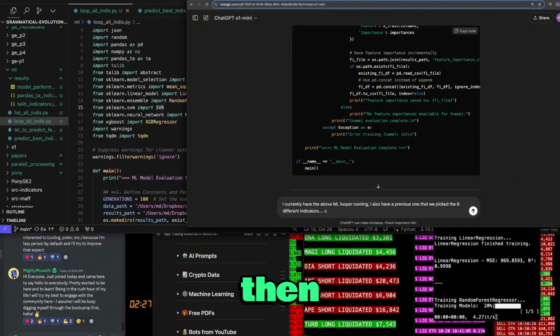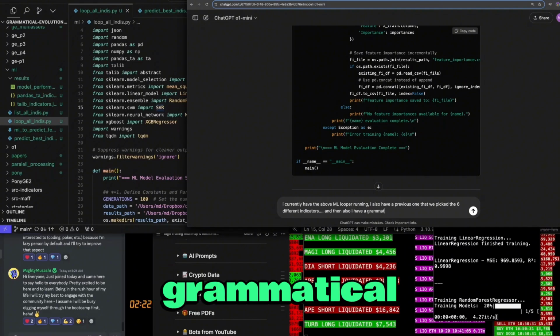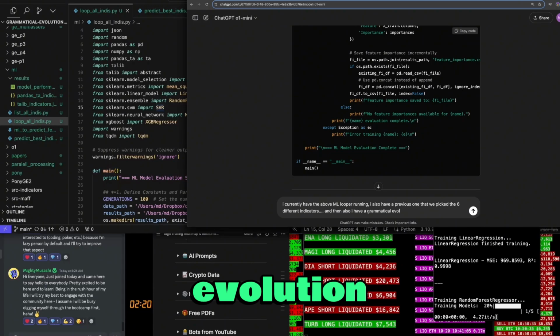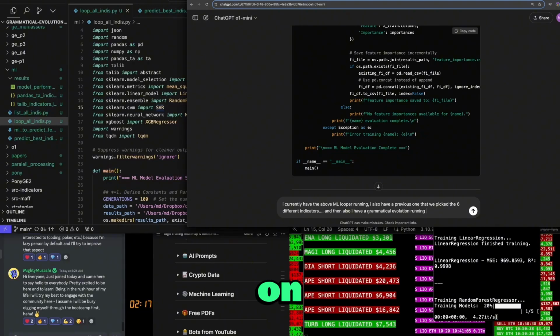And then also I have a grammatical evolution running on my computer.